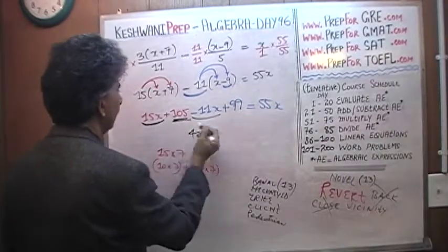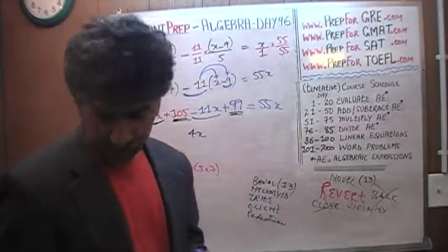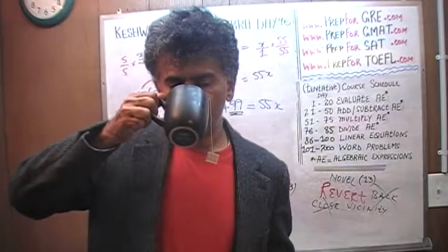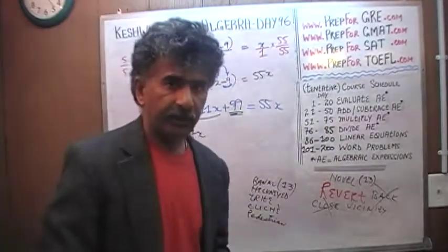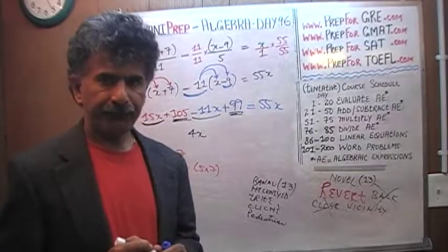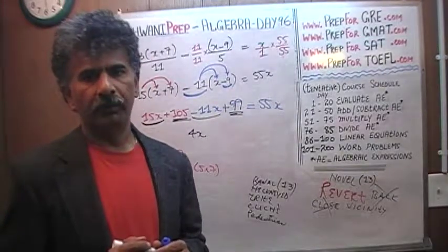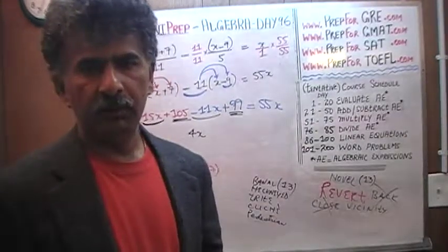And then we have 105 and 99. Well, 105 plus 99 is pretty straightforward. 105 plus 100 would make it 205. Therefore, 105 plus 99 must make it 204.